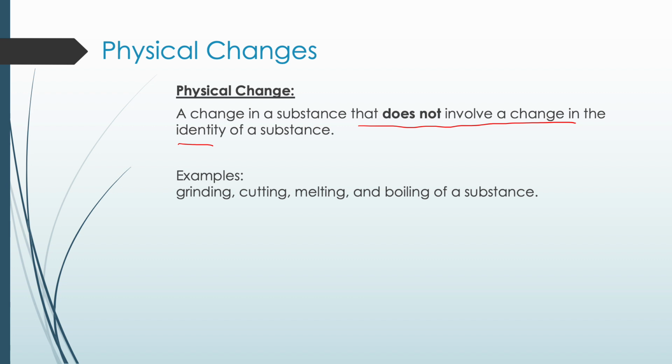Cutting paper: if you cut a piece of paper, you still have paper, but it's going to be in smaller pieces. Melting: you could have frozen water, which is ice. It melts to liquid water, but it's still water. Boiling: you could have liquid water. It boils, and it's now water vapor. Again, you have not changed the identity, you've only changed its physical appearance.